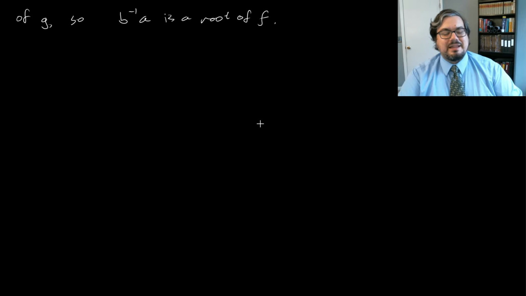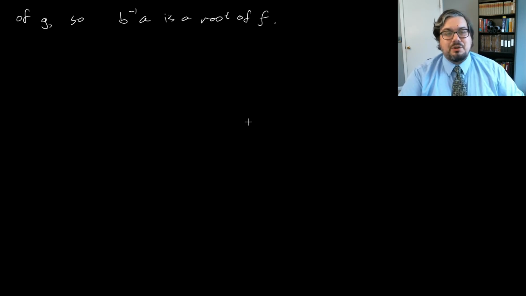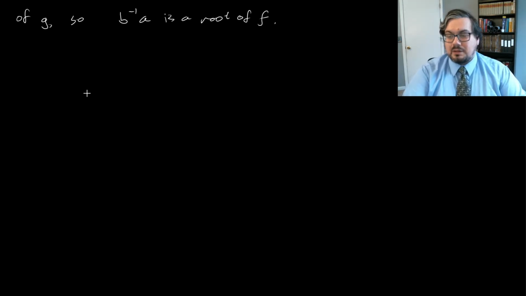So we have that if f is reducible, then one of its non-unit factors must be a linear polynomial, and linear polynomials over a field always have roots. And so since a factor of f has a root, f has that same root.